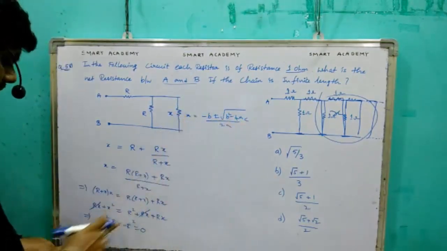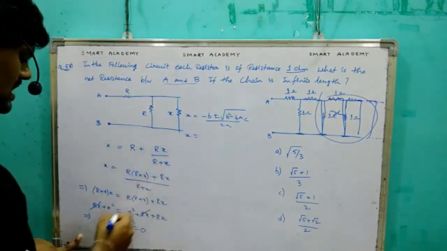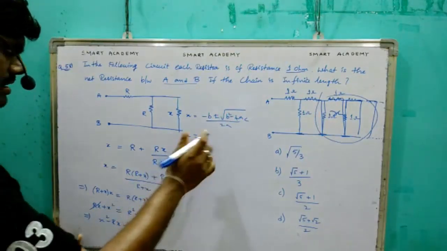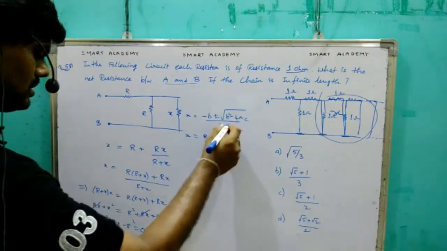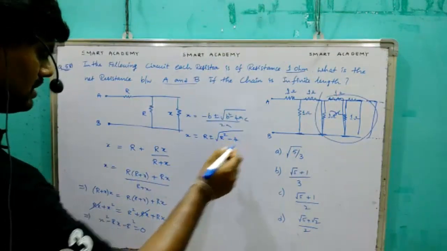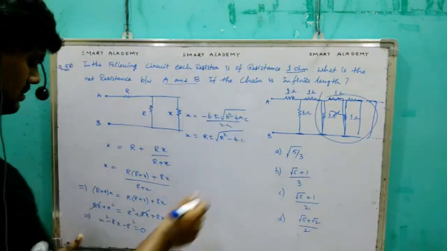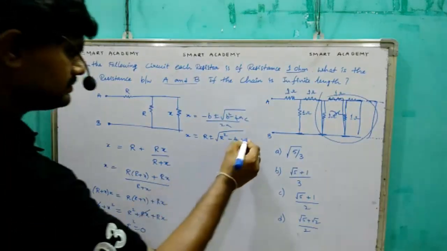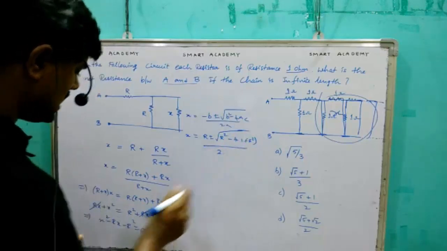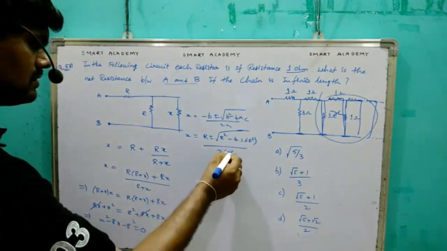Here b is minus R, so minus b is R. b square is R square, minus 4 times a, where the coefficient of x square is 1, and c is minus R square, all by 2a, with a equal to 1.